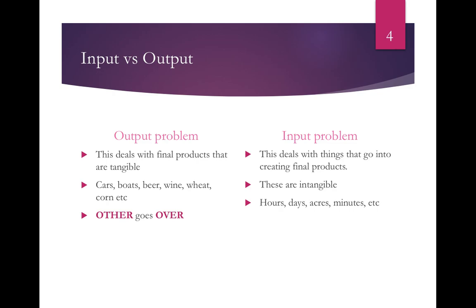Then input problems are just the opposite. Other, we're still talking about the other one, goes under. Again, I think this will be a lot easier to understand when you start working it out yourself. But make sure you have this in your notes. And again, please ask questions if you don't understand.